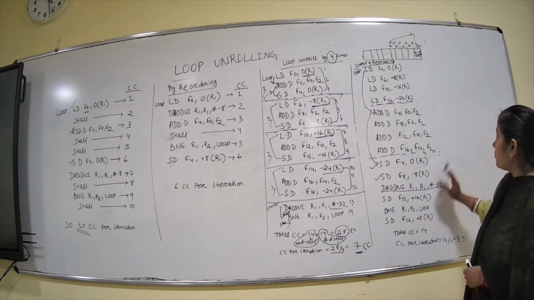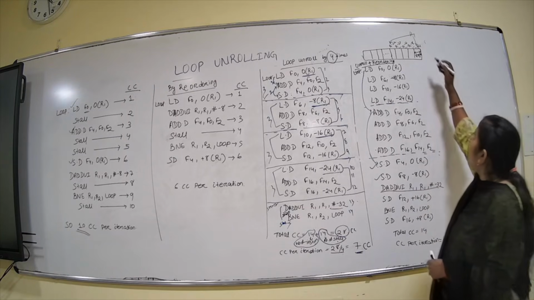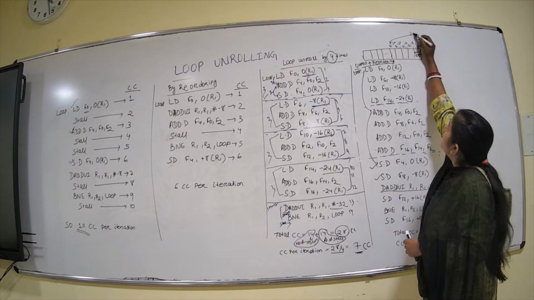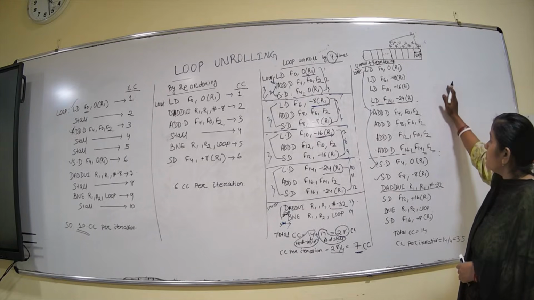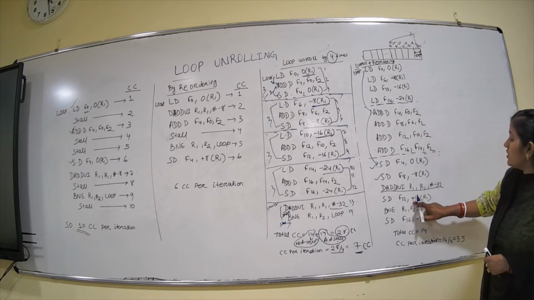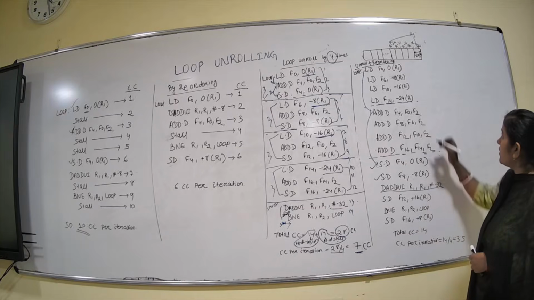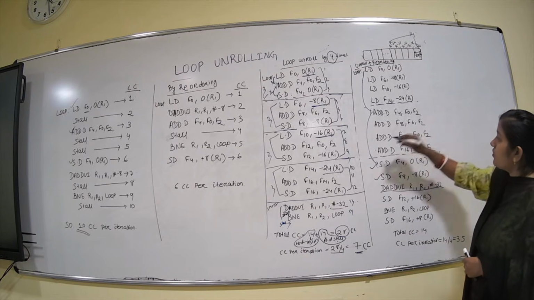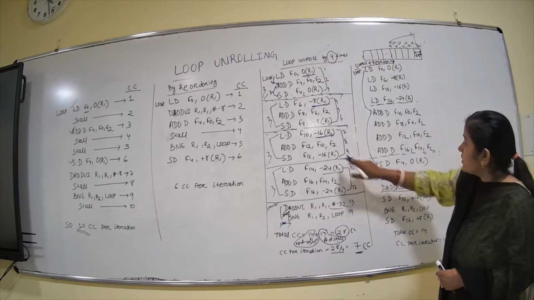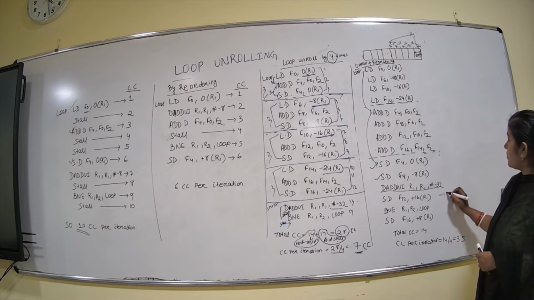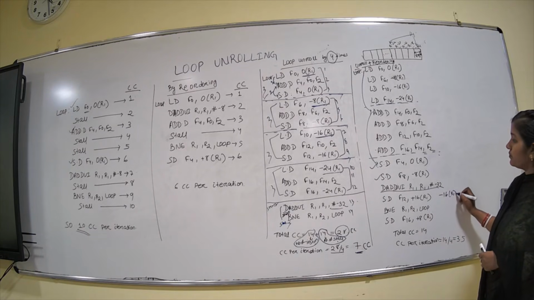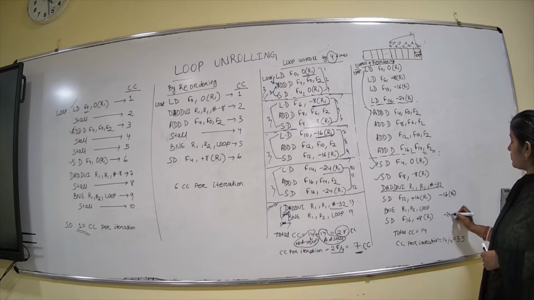When you are decrementing, R1 is updated to R1 minus 32. So the instruction is minus 16 of R1, then minus 24 of R1.